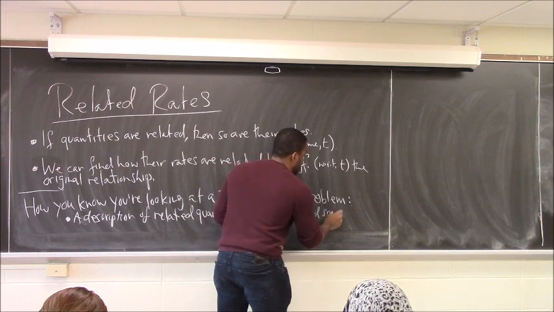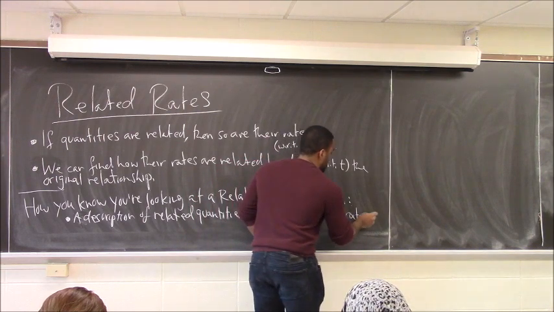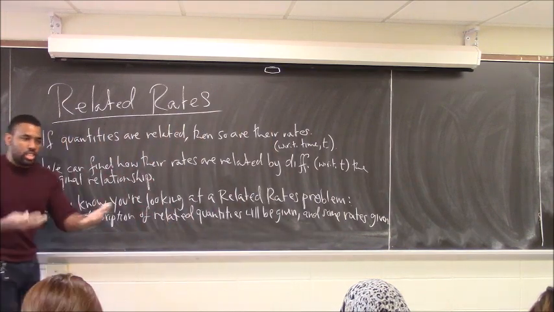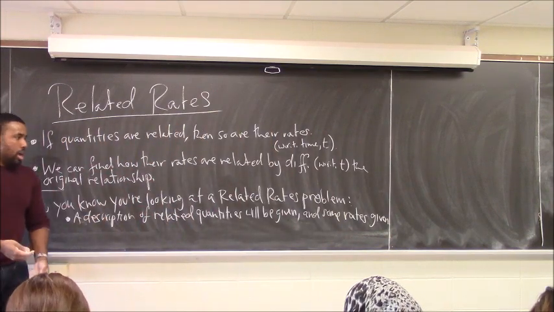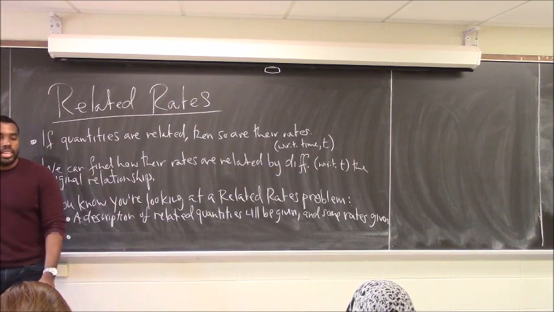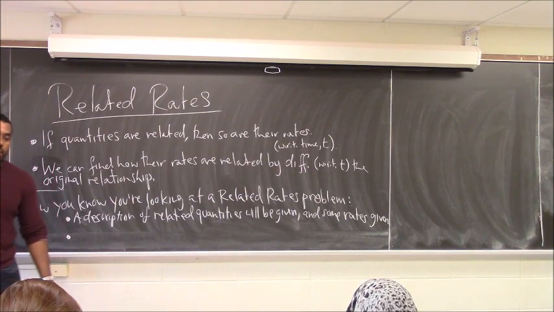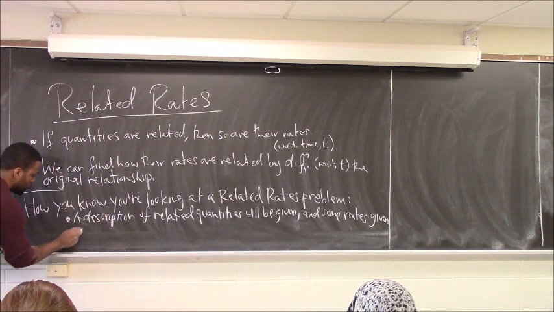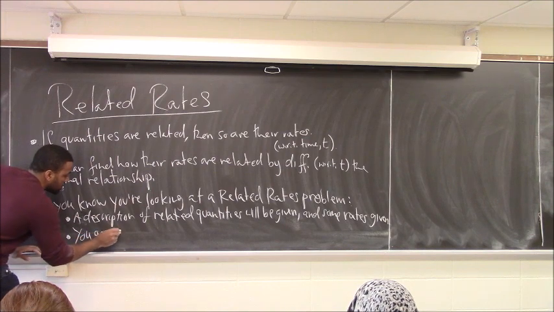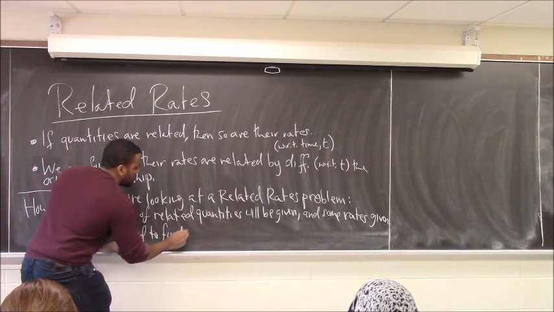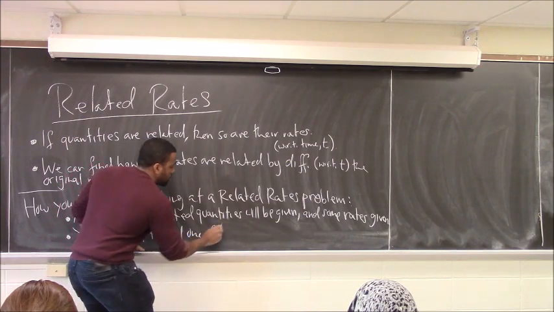And some rates. Right? So I tell you, here are two things, this is their relationship, right? And then at the end of the day, they're going to say, okay, we know that this thing is changing this fast. And they're going to ask you, how fast is this thing changing? Okay? And you are asked to find one of the other rates.